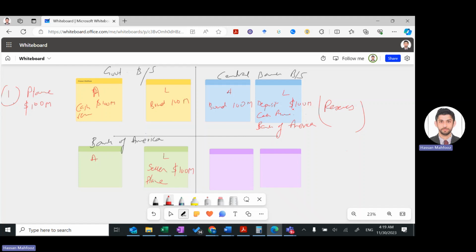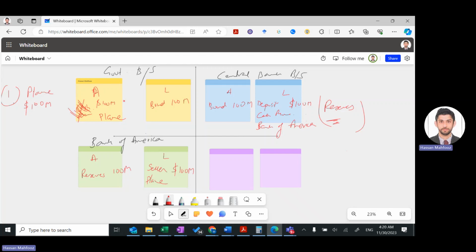So once this deposit is transferred, the government no longer has the cash reserves, but the government has the plane. Okay, and Bank of America will have these reserves. So it will have reserves of $100 million. And that's how all the balance sheets tally.